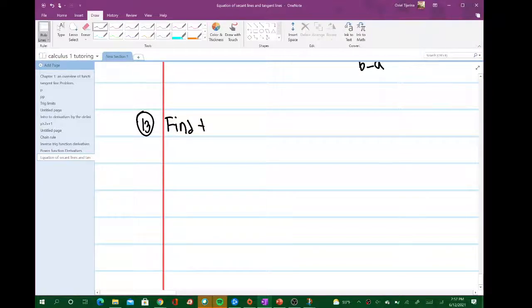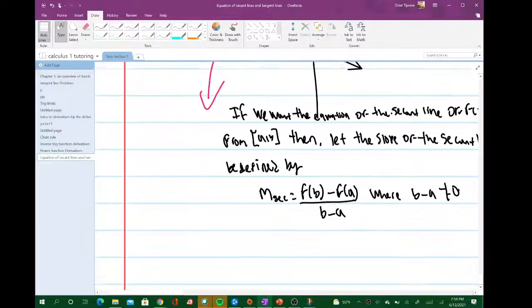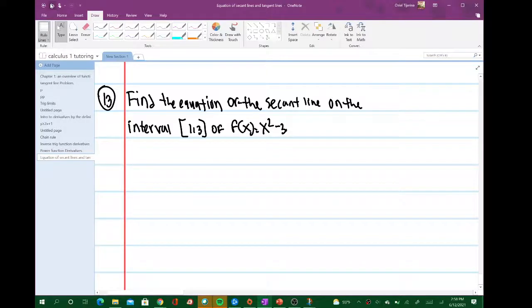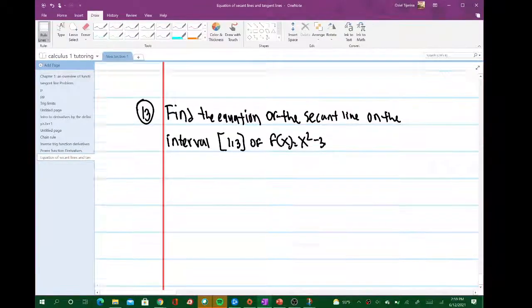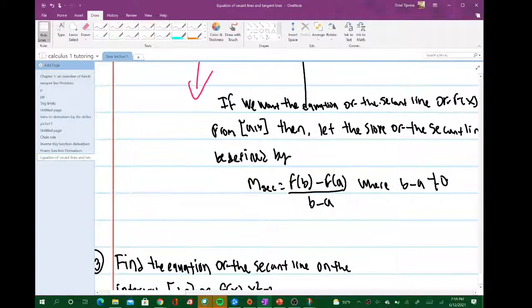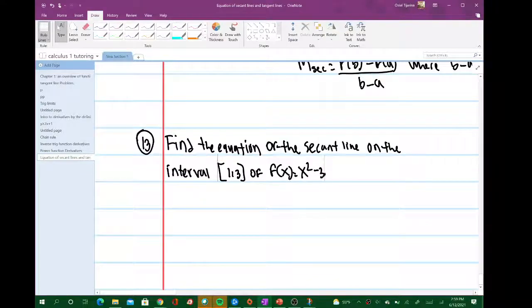It says find the equation. Let me write this problem down very quickly. Find the equation of the secant line on the interval from 1 to 3 of f of x equals x squared minus 3. Now we already defined what the slope of the secant line is, but we want the equation of the secant line, right?